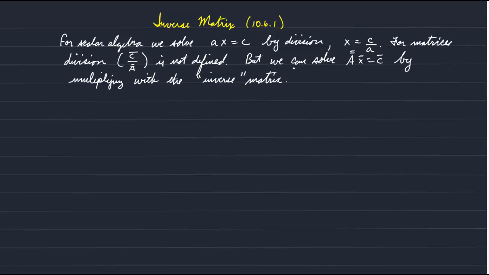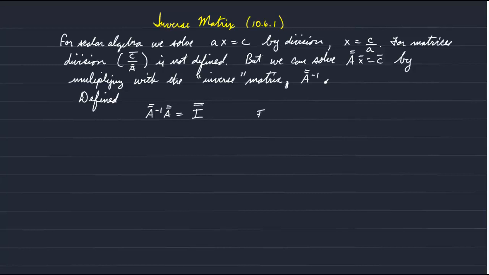And the inverse matrix, which we'll denote as A raised to the minus 1 power. So this is the inverse matrix. And it's defined such that A minus 1 times A gives the identity matrix.